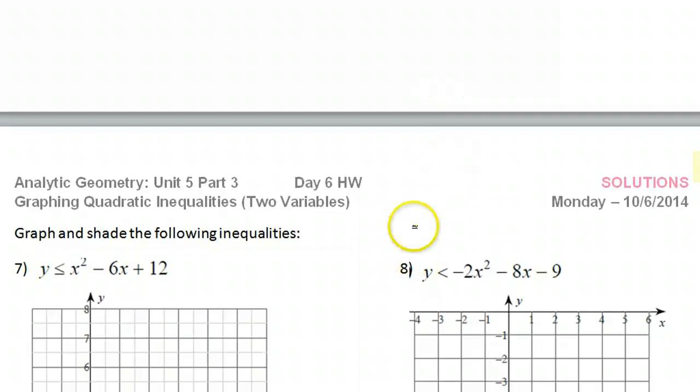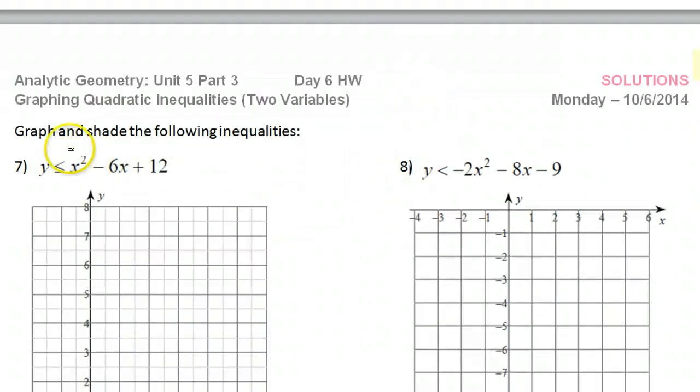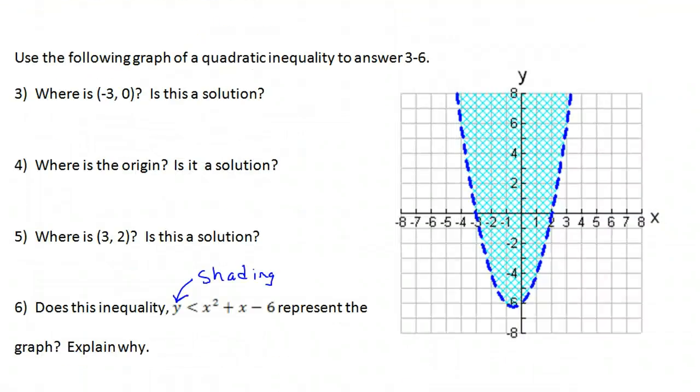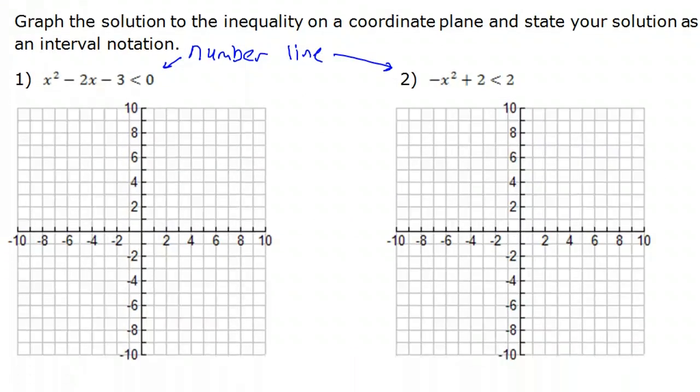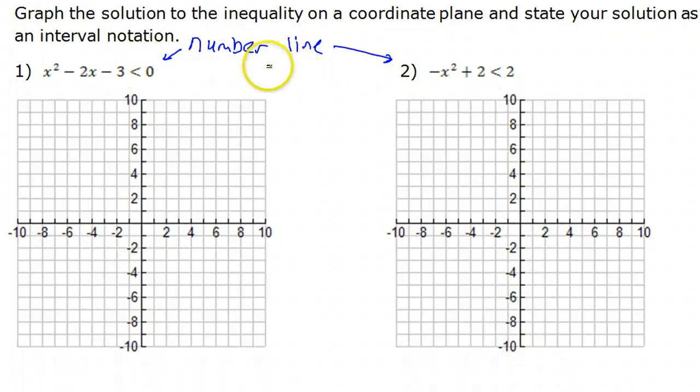So that's what's going to happen on like number 7 and 8. See the y value? Shading. See that y value? Shade. But if you don't see the y value, and it's only x values, that's how you know you're doing a number line inequality. Okay, let's get on with it.